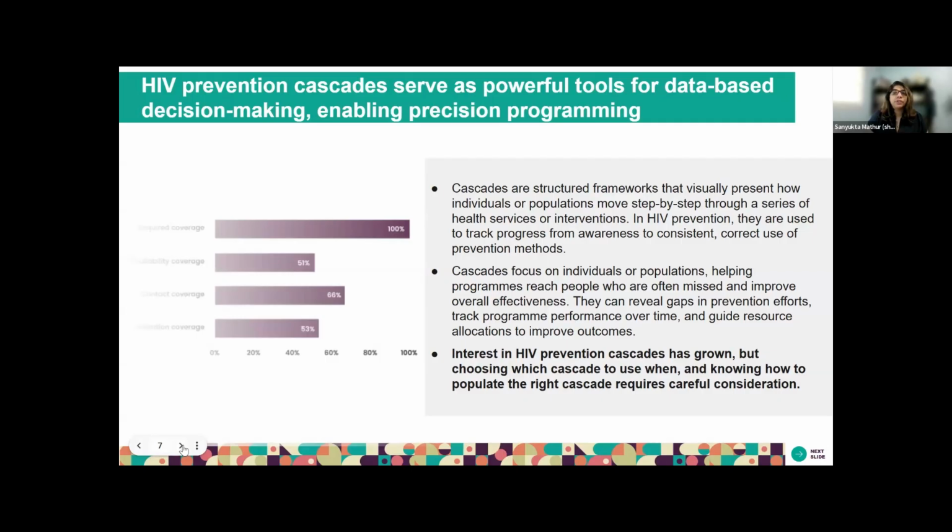They can either focus on individuals or populations, helping programs reach people who are often missed and improve overall effectiveness. They can also reveal gaps in prevention efforts, track program performance over time, and ultimately guide resource allocations to improve those outcomes.